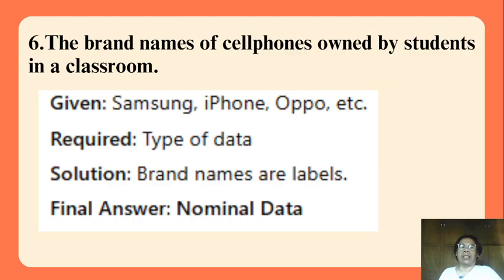Number 6, the brand of cell phones owned by students in a classroom. So we're given Samsung, iPhone, Oppo, etc. Required, what is this type of data? So, a solution, brand names are labels. So, final answer, nominal data.